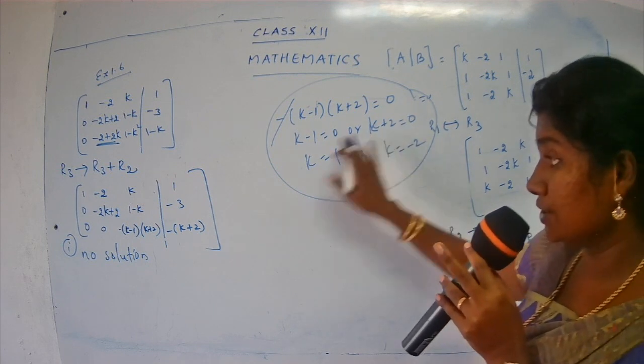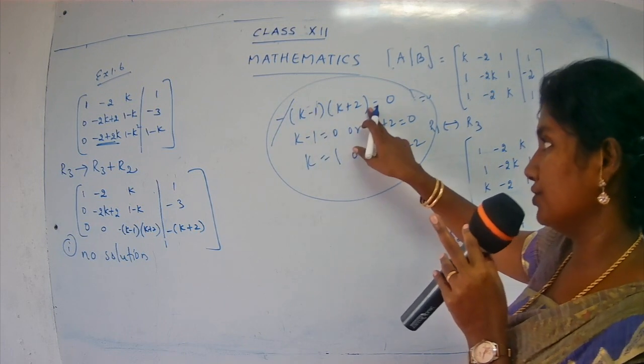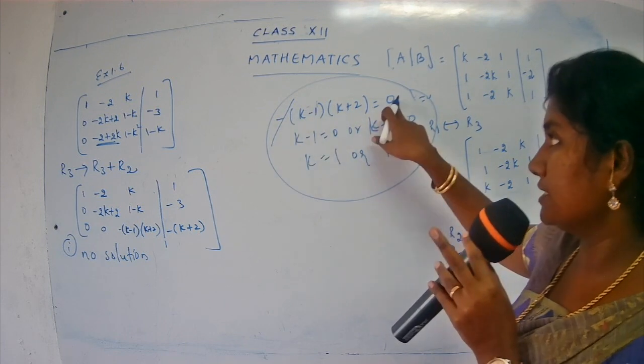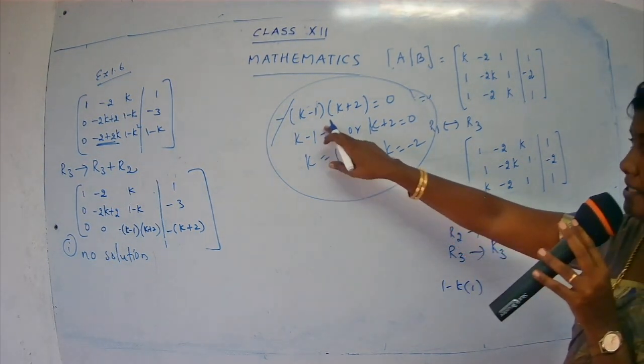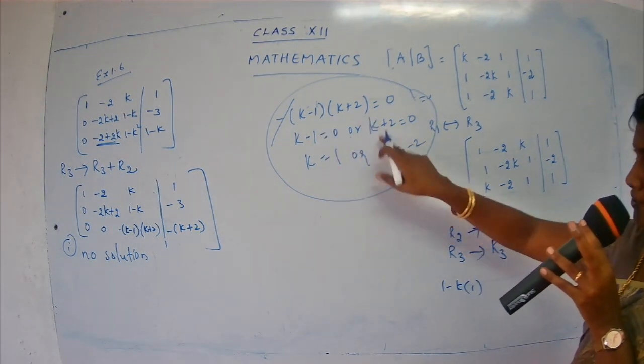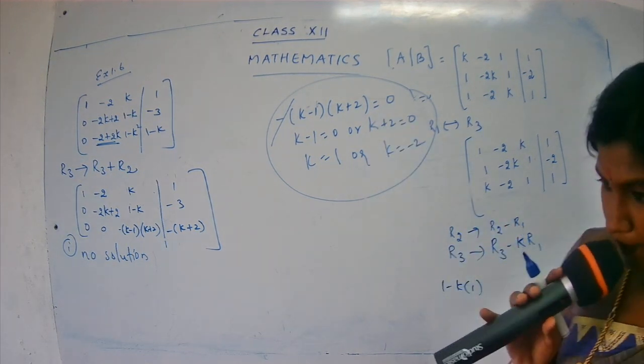You can just do this in your rough column. Take this, minus k minus 1, k plus 2 is equal to 0. The minus, when it goes to this side, vanishes. So k minus 1 is equal to 0 or k plus 2 is equal to 0. So k is equal to 1 or k is equal to minus 2.